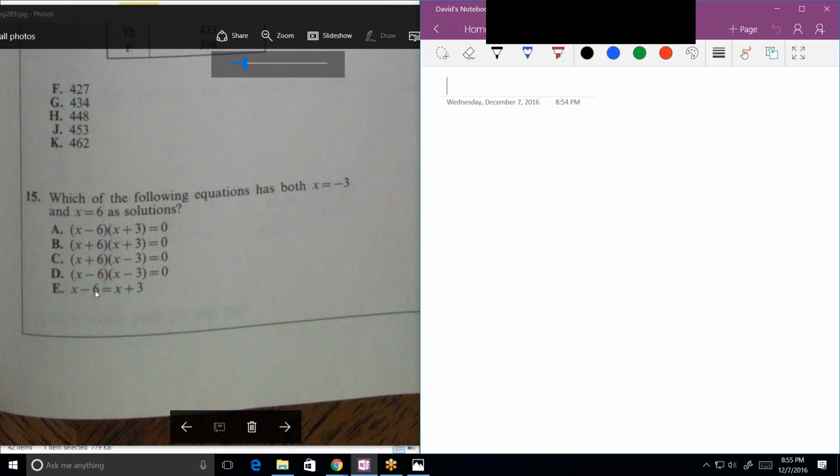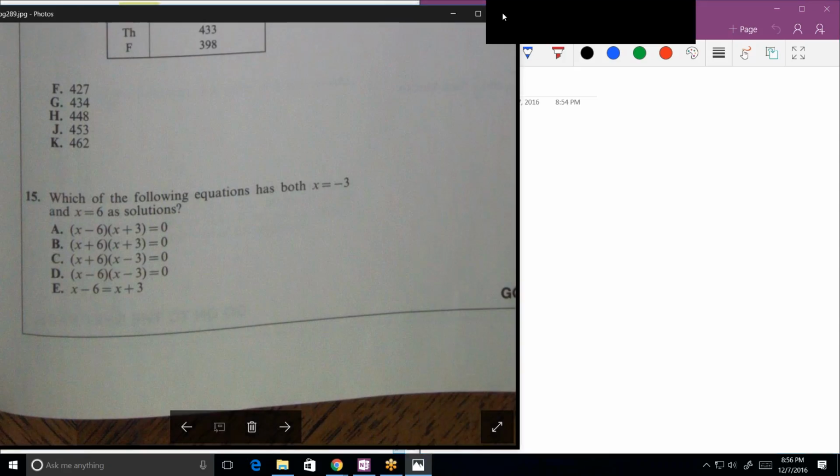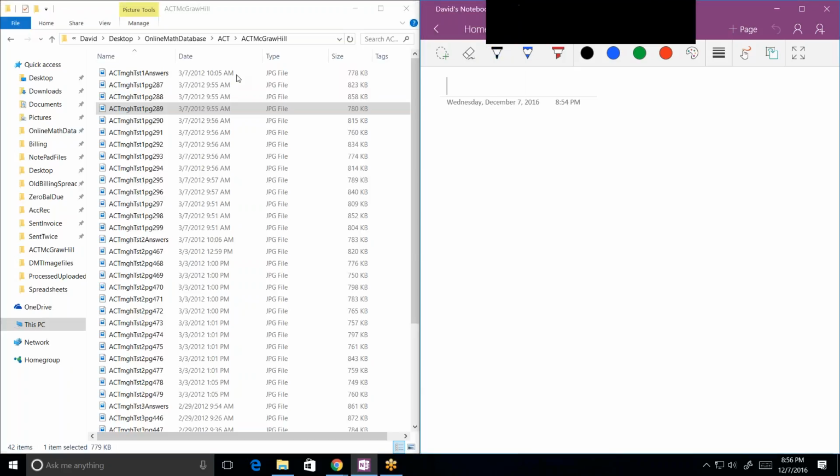E is not the same as A. But A is correct. A produces a solution of x equals 6 or x equals minus 3. When they use the word both, they're not referring to there's two answers. They're referring to one answer that has both of those solutions. Right. Go to the next page.